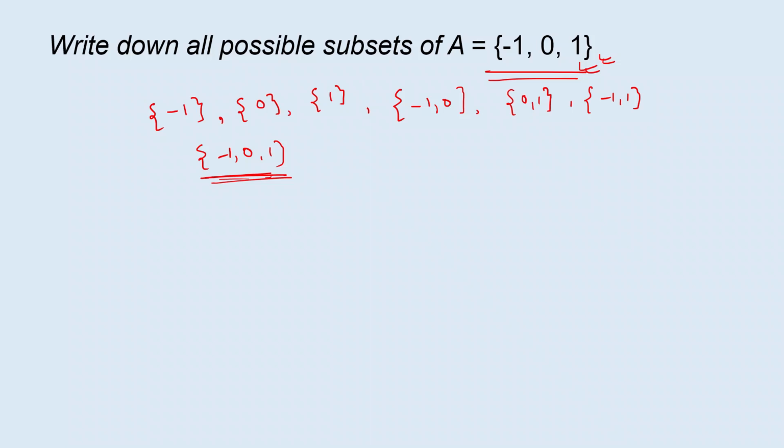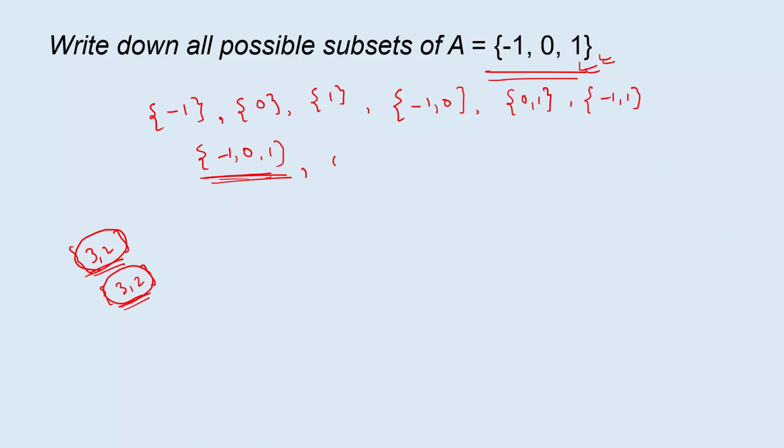So if I can make another set with just these two elements, it will still be a subset because all of the elements that belong to this set also belong to that set. So that's how it still satisfies the definition, and every set is a subset of itself.